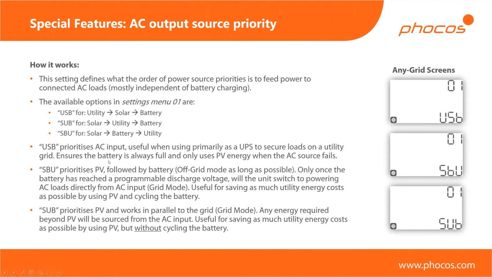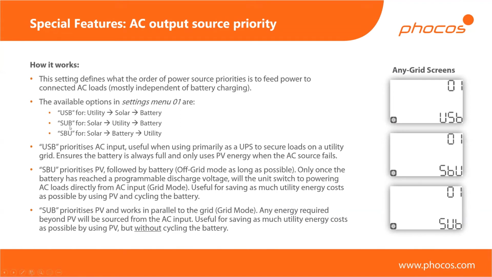And this is good in a sense, because it means that your battery is not being used to save cost. You'll see the other scenarios can use the battery to save PV power. But what's important is the battery is always full. So if the AC source fails, you can always be sure, regardless of whether it's night or day or PV is working or not, your battery at least is always full, so you have the maximum possible power reserve for your grid outage.